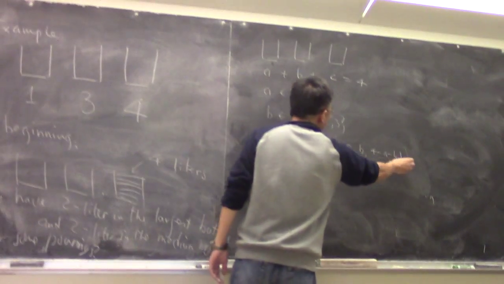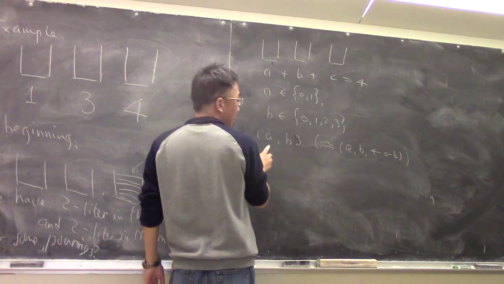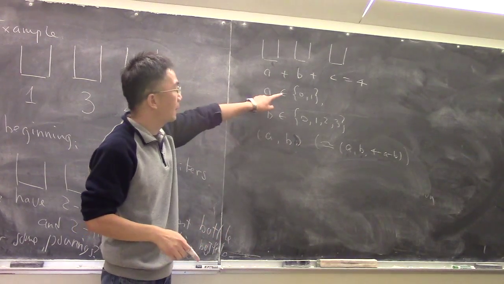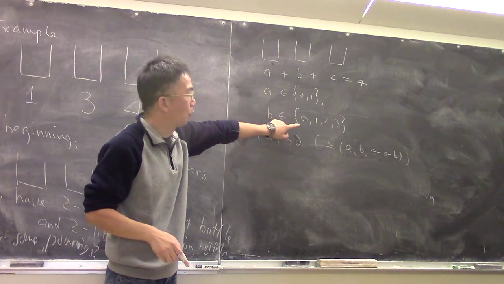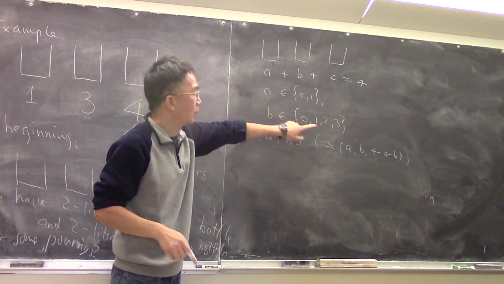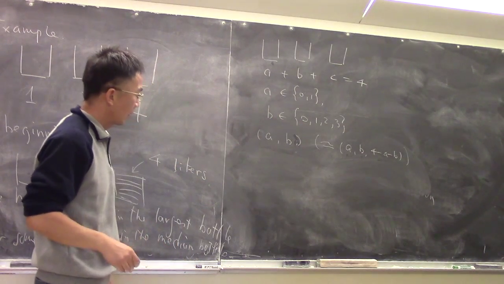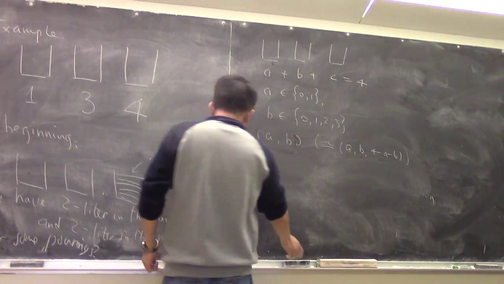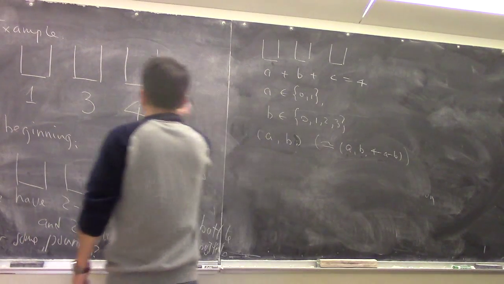Each state can be represented by a pair of numbers, where A is 0 or 1 and B is 0, 1, 2, 3. Now let me look at all of the possible states.